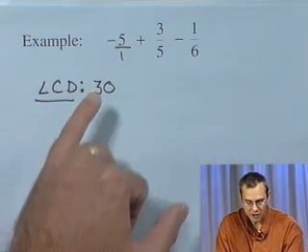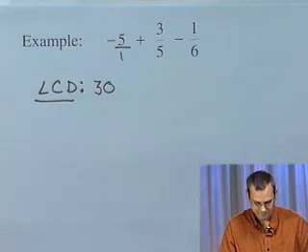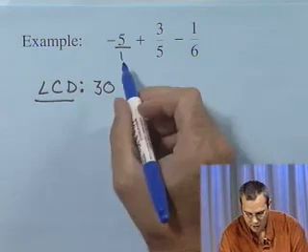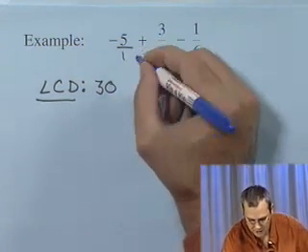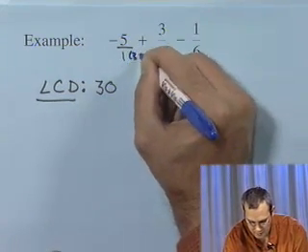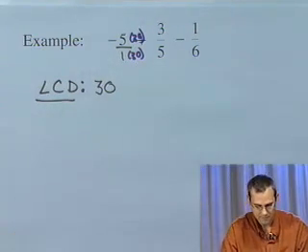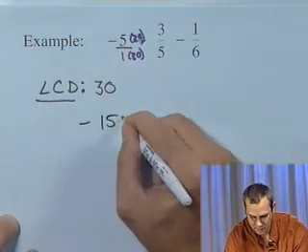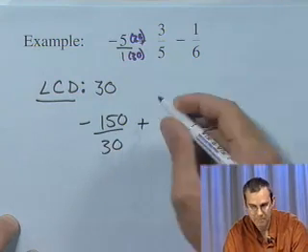So we need to change all our denominators so that they have a value of 30 in the denominator. All right, so let's go ahead. I want a 30 in this denominator. So I need to multiply the top and bottom by 30. And I get negative 5 times 30 is negative 150. 1 times 30 is 30.